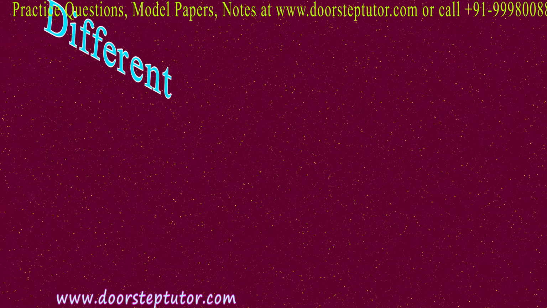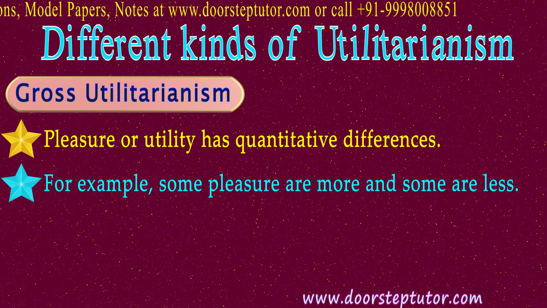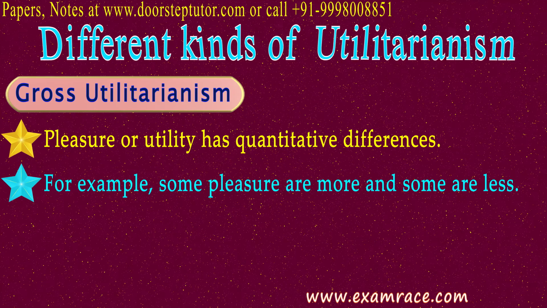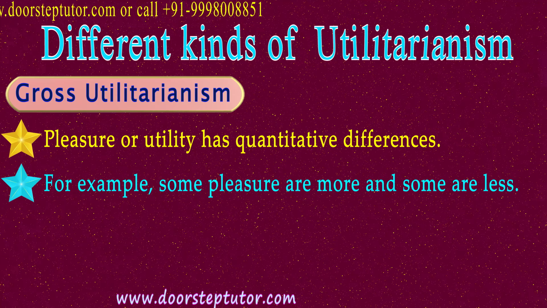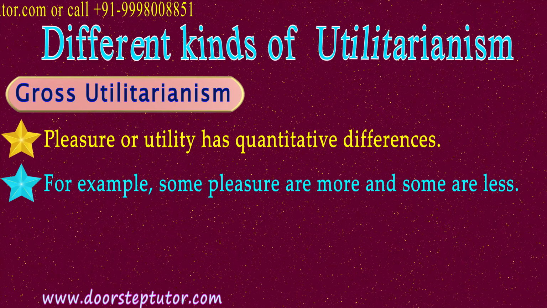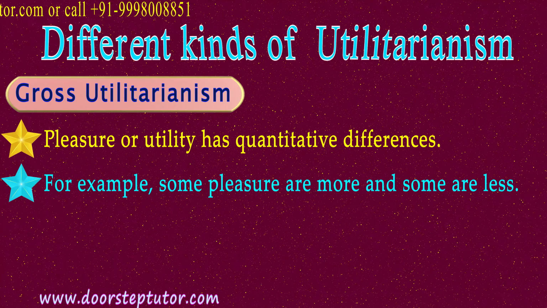He believed that pleasure or utility has quantitative differences. This means to say that some pleasures are more and some are less in quantity. For example, the pleasure that I derive from an ice cream is more in nature or is more in measure or utility than the pleasure that I derive from a chocolate.